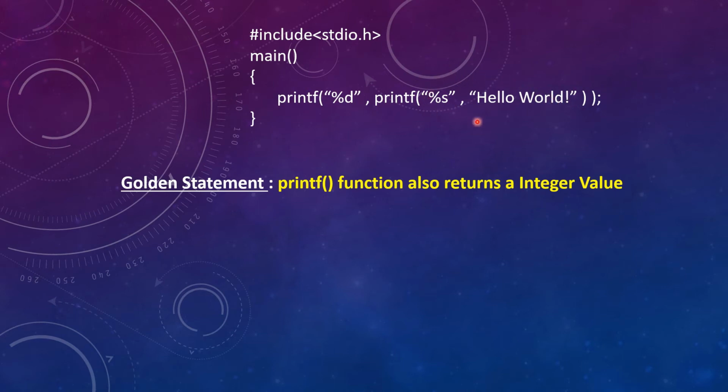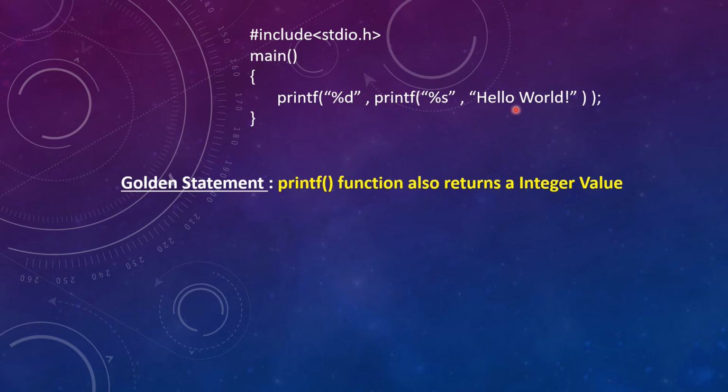Now what this printf printed on the output console, you need to count the number of characters it prints successfully. As we can see here, this string hello world is entirely printed in the output console, right? So you need to count here H-E-L-L-O, then a space also, because space is also a character, right?